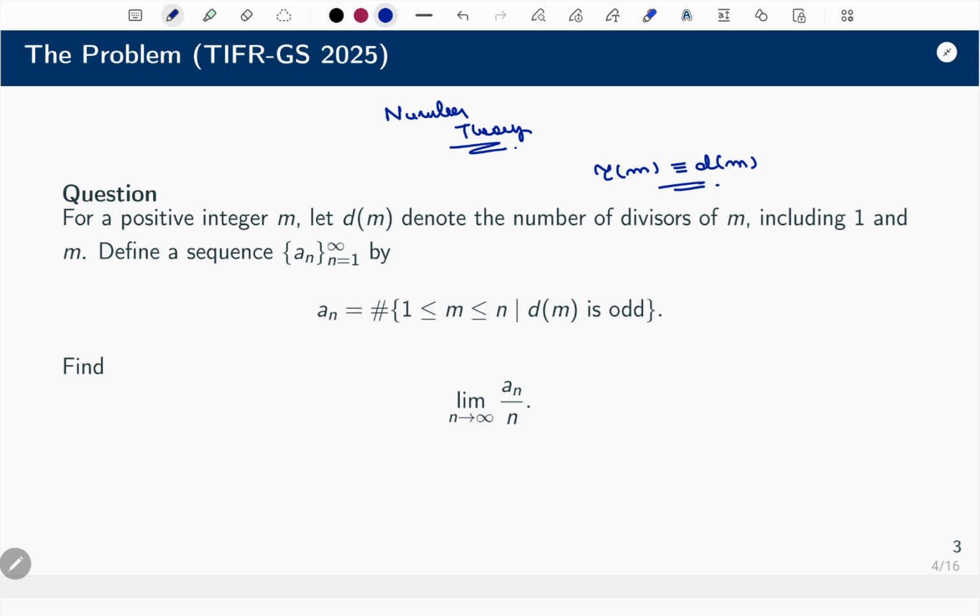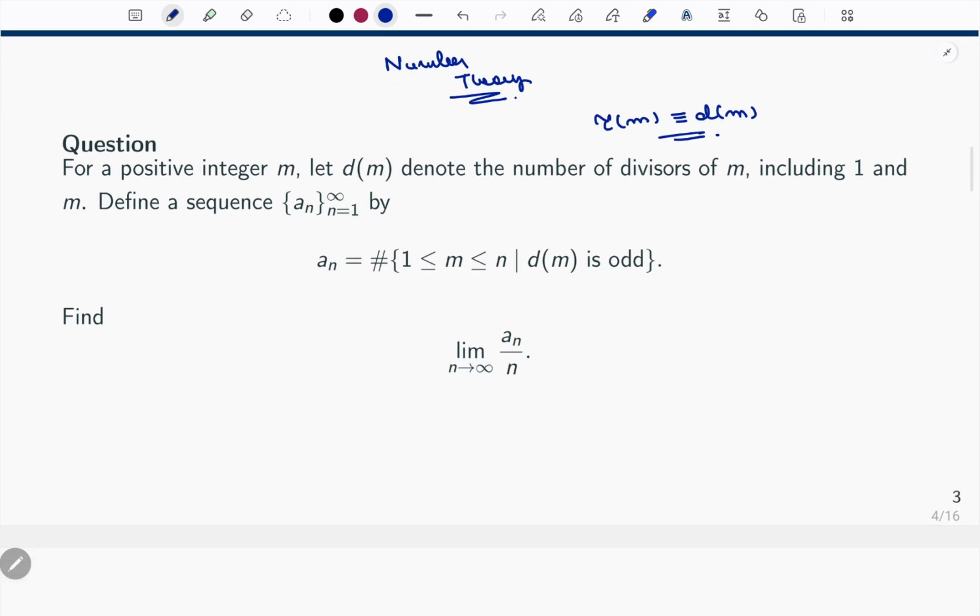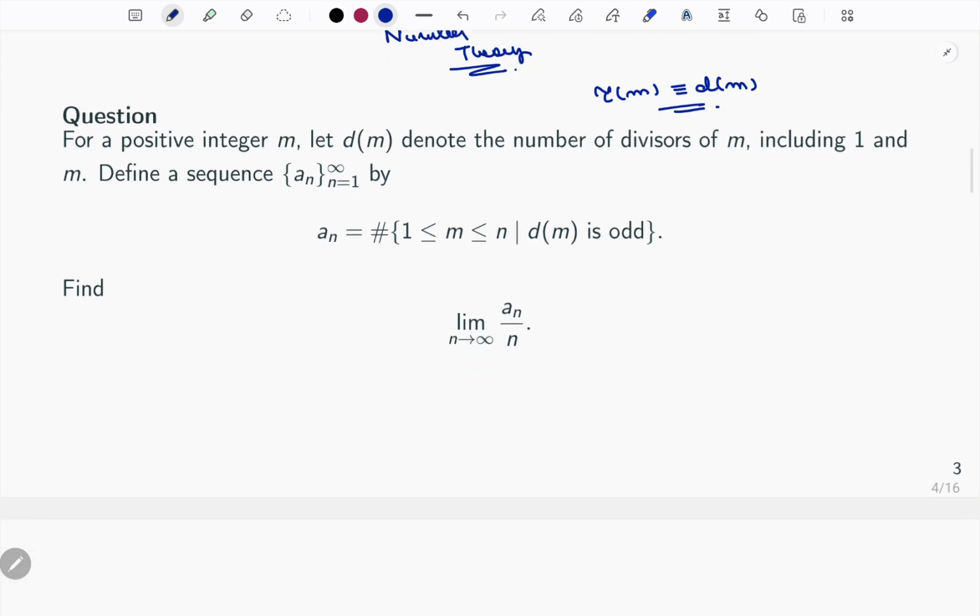Define a sequence a_n by a_n being the number of elements m, 1 less than or equal to m less than or equal to n, such that m has an odd number of divisors. We have to find the limit as n tends to infinity of a_n over n.